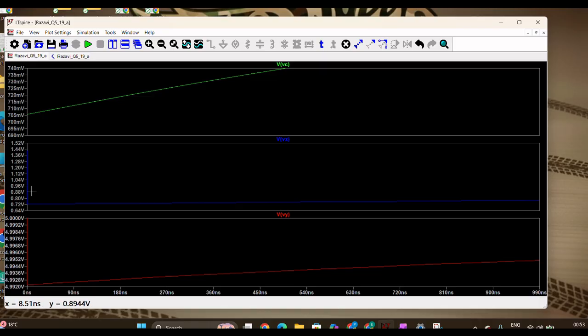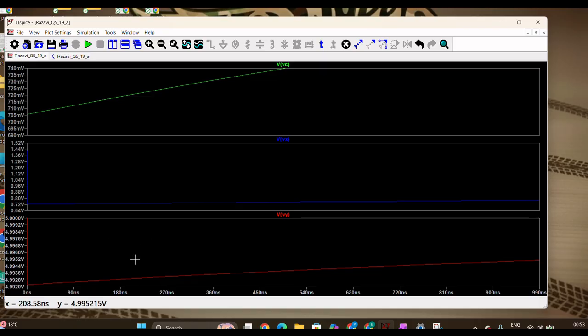So we can say that our Vx is at a higher potential as compared to VC. I did the whole analysis in front of you, so you can rewind and watch this again. Our Vx is 720 millivolt, and our VC is around 705 millivolt. So there is some difference of 15 to 20 millivolt.